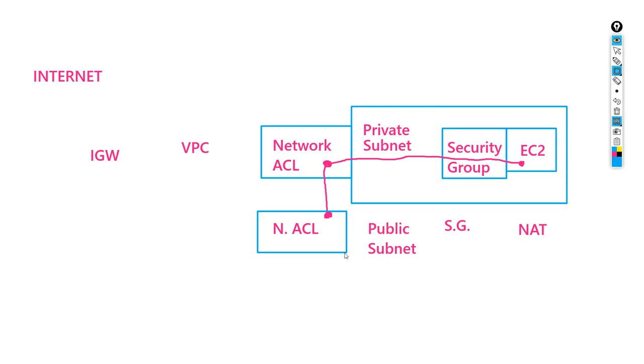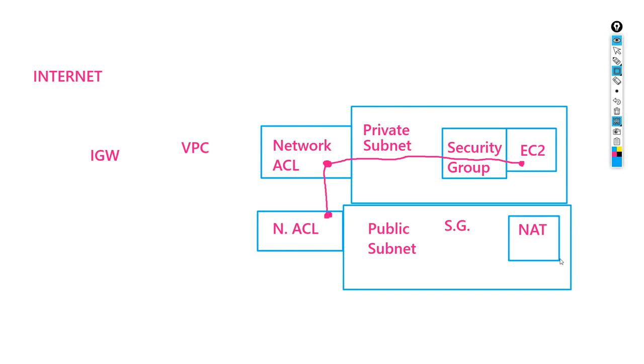So my NAT gateway needs to make sure the traffic gets through a network access control list that is attached to the subnet of the NAT gateway. The NAT gateway has its own attached security group, and it is part of the public subnet. So that traffic's going through all of this to my NAT gateway.